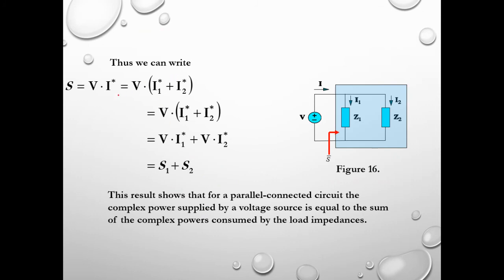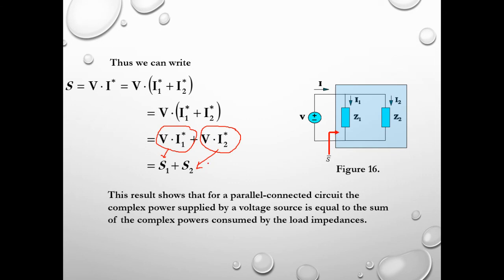Thus we can write S equals V I, the total I, broken down into I1 plus I2 all conjugate. So we have V I1 conjugate plus V I2 conjugate. V I1 conjugate is actually S1 and V I2 conjugate is actually S2.